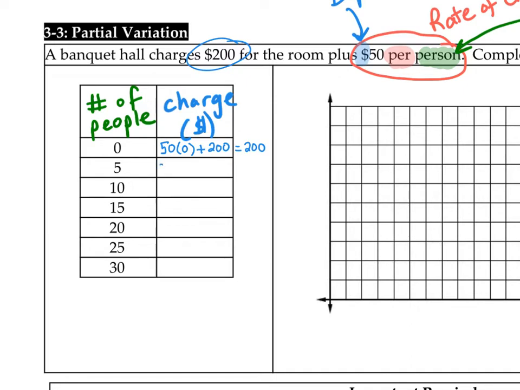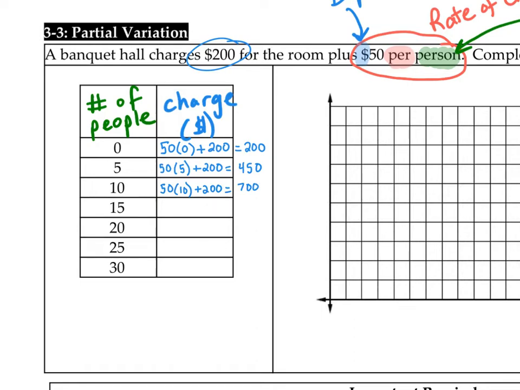If there were 5 people, it's $50 times 5 people plus $200 for the room, which is $450. If there were 10 people, it would be $50 times each of the 10 people plus $200 for the room, and that makes a total of $700.